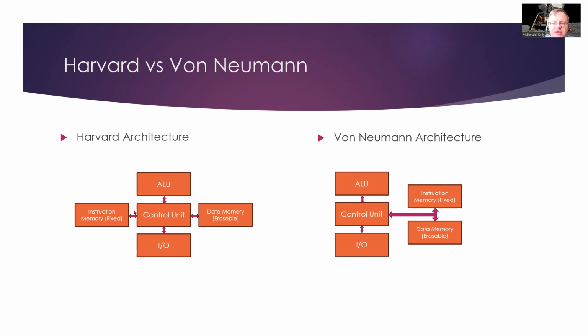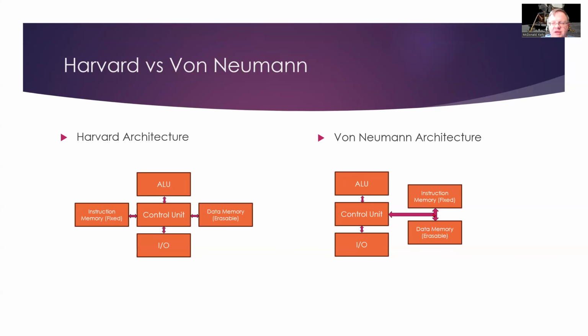In Harvard architecture, you break out and put on separate buses the memory that comes from your fixed memory versus memory that's erasable. So you could actually have two memory addresses that are exactly the same, for example memory address 1000, which could be 1000 fixed or 1000 erasable, depending on what bus and what memory it was located in.